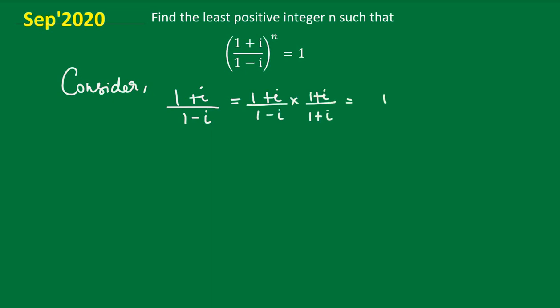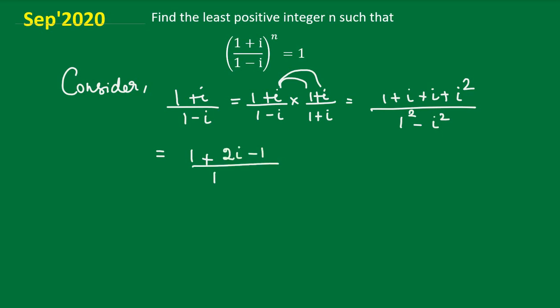Now this is equal to 1 plus i plus i plus i squared divided by 1 square minus i square, which is equal to 1 plus i is 2i, i square is minus 1, divided by 1 minus of i square, which is minus 1, so becomes 1 plus 1.